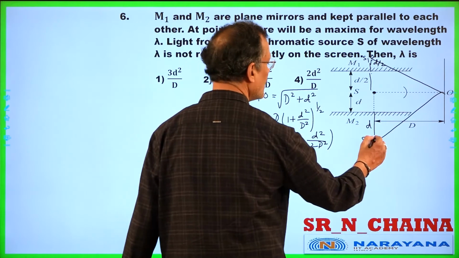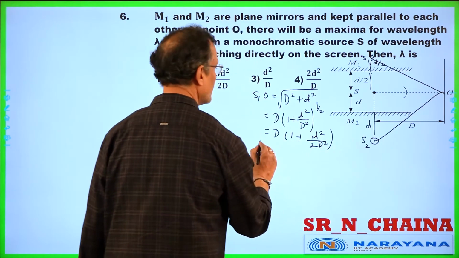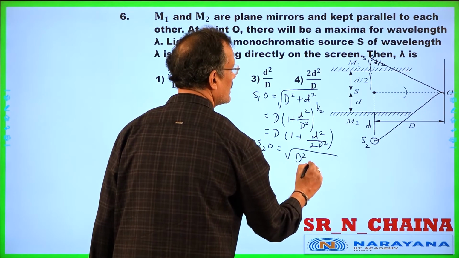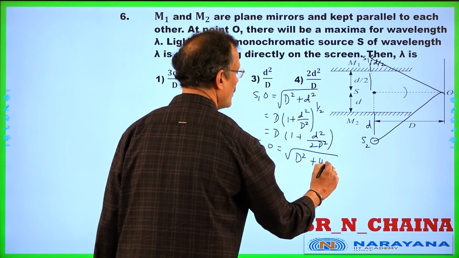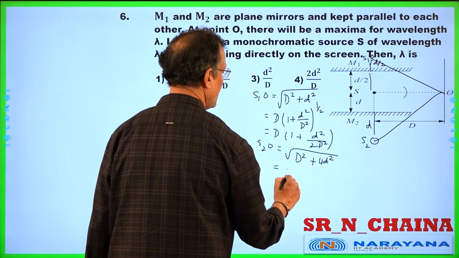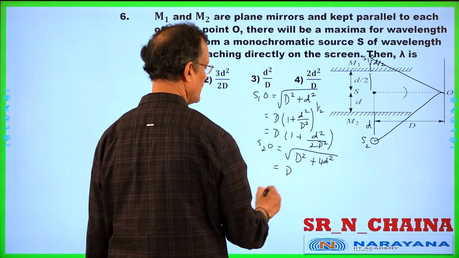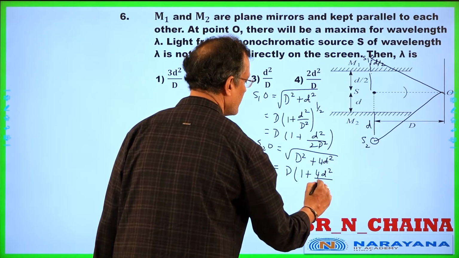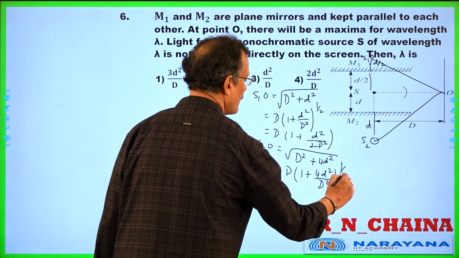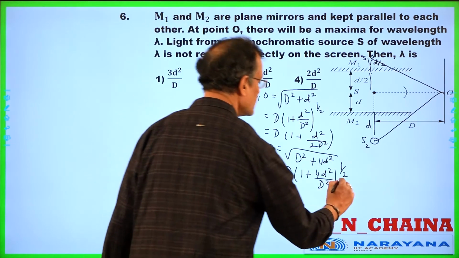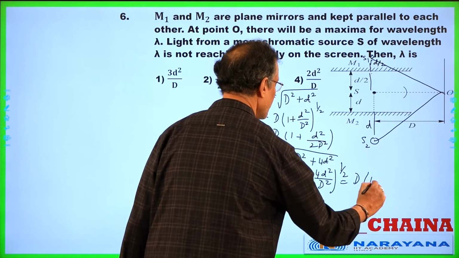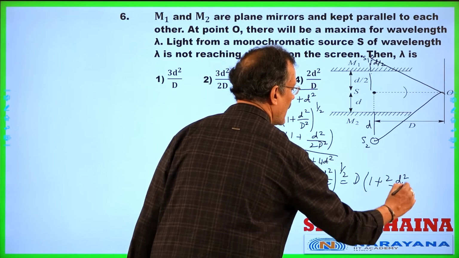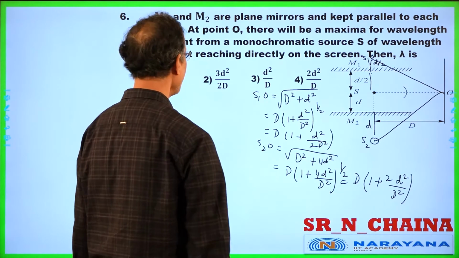If you go here, then this distance is 2d. So S2O is square root of D squared plus 4 d squared. Again you take out D. Here it will be 1 plus 4 d squared by D squared to the power half. So this is equal to D times (1 plus 2 d squared by D squared). Take the path difference.